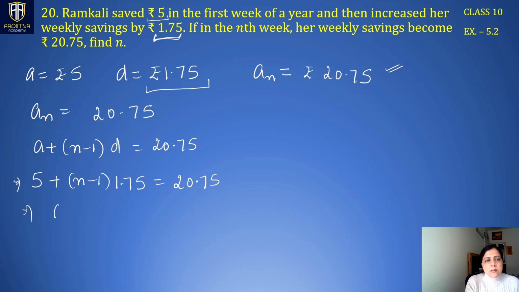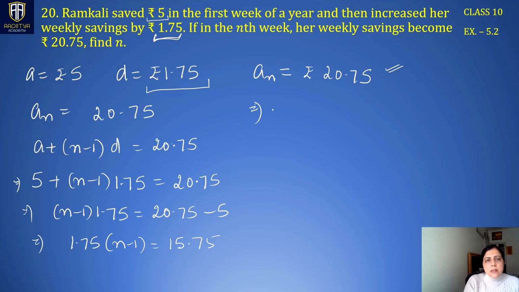Now we solve this. This is n minus 1 into 1.75. This is 20.75. Take this 5 to the right hand side. So it's minus 5. 1.75 times n minus 1 is 15.75.